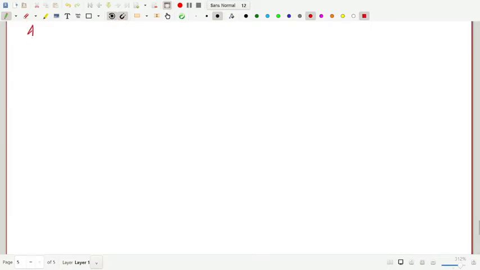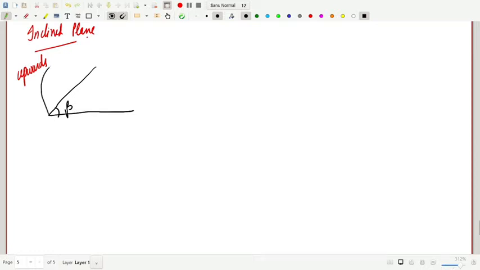Projectile motion over an inclined plane, upwards. This is beta. The angle of projection is alpha. This is velocity u, and this is range r, from here to here.